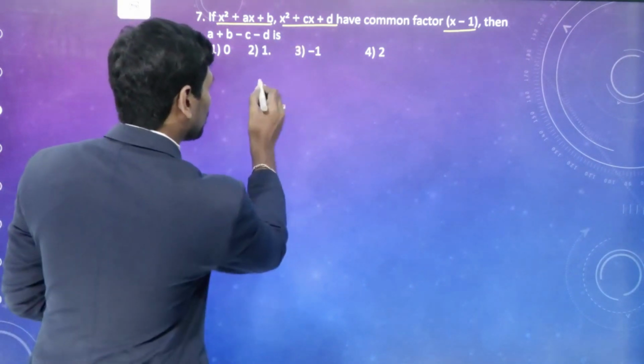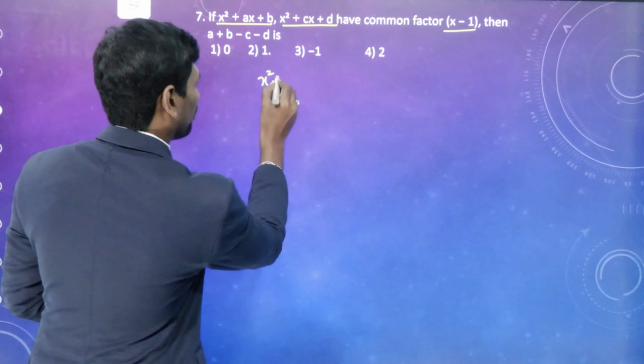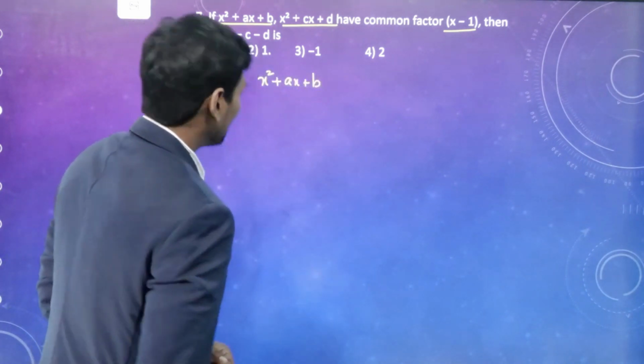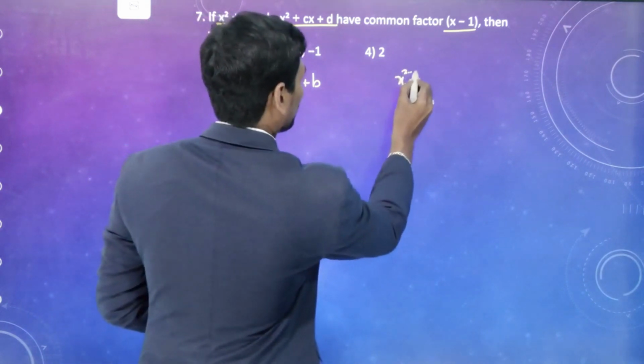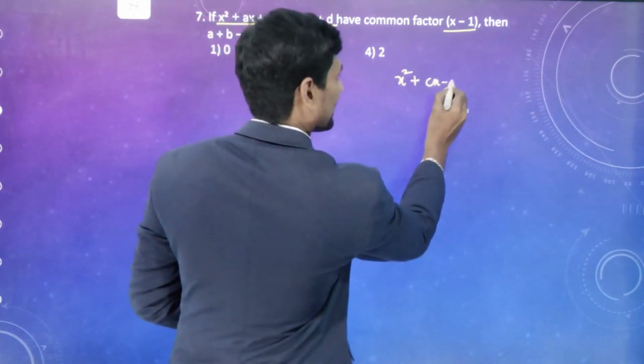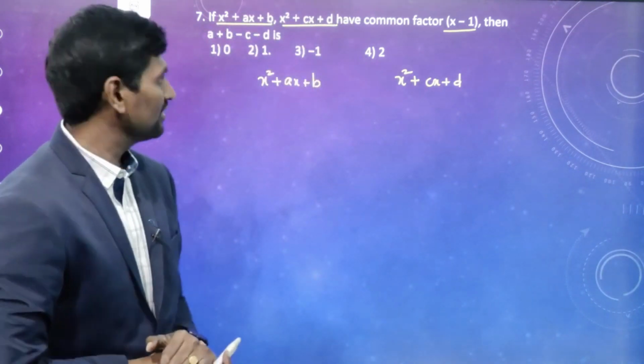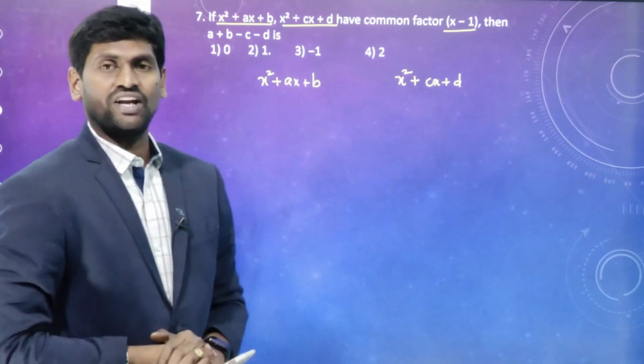So let us write the two quadratic polynomials: x square plus ax plus b, and the second quadratic polynomial is x square plus cx plus d. Two quadratic polynomials. Okay. Now x minus 1 is a factor.